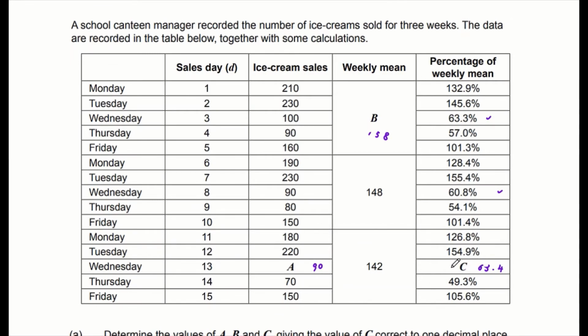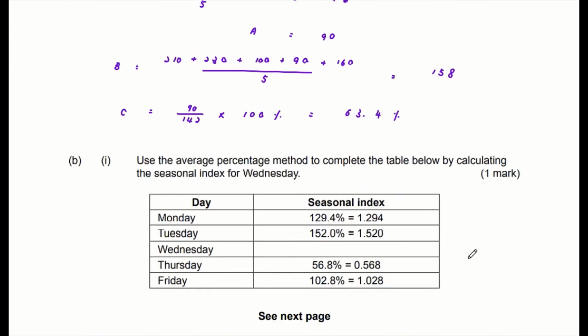Imagine if your C is wrong, then using the average percentage method will give you a wrong answer as well. The other thing you can do is, since you have 5 seasonal indices, when you add them up together it should give you 5. So you can use 5 minus 1.294 minus 1.52 minus 0.568 minus 1.028, and that gives the answer.